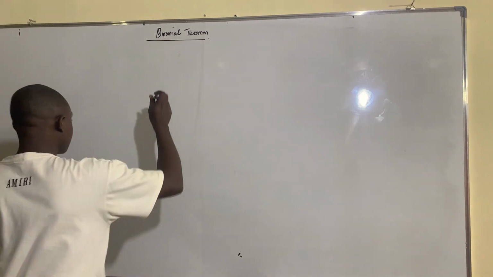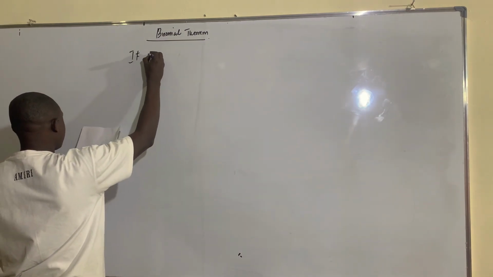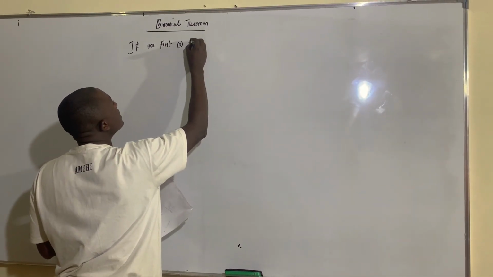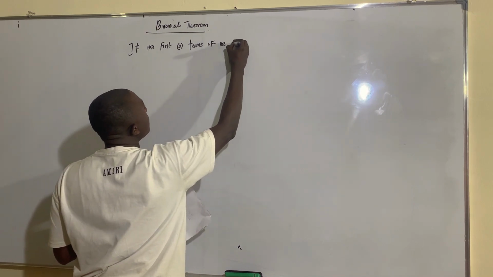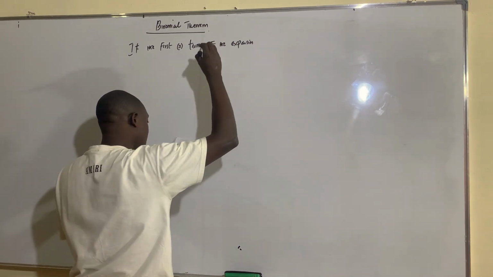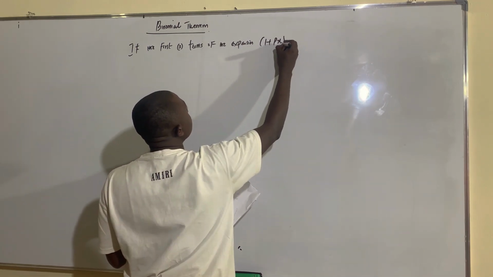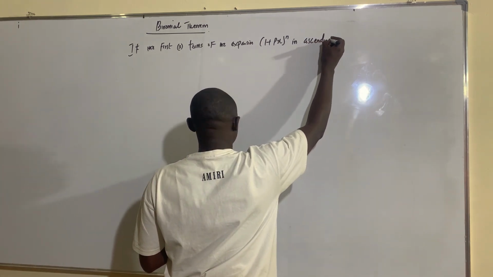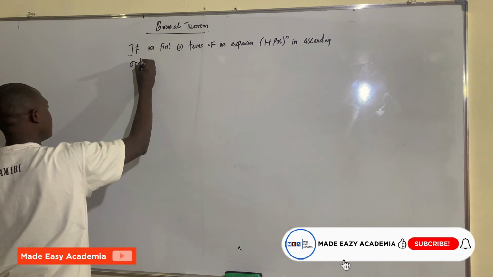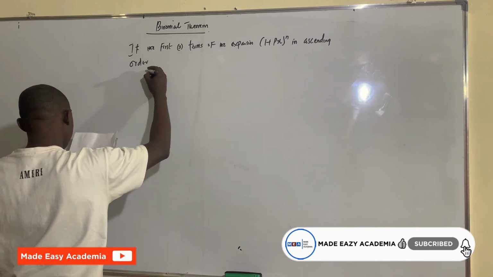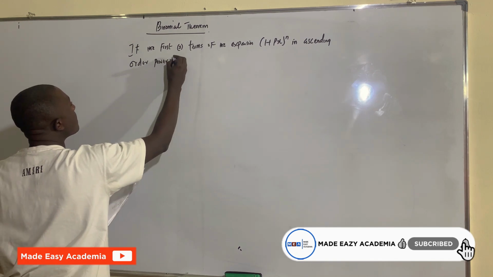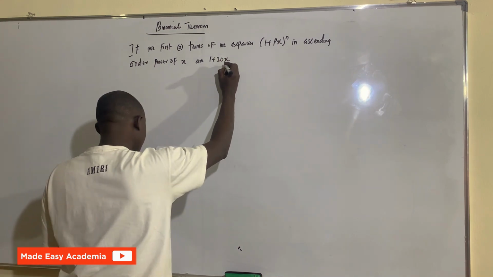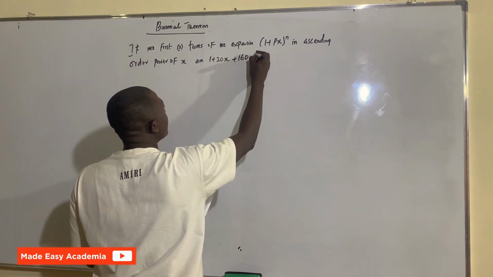They said, if the first three terms of the expansion of 1 plus px raised to the power of n, in ascending order of power of x, are 1 plus 20x plus 160x squared.